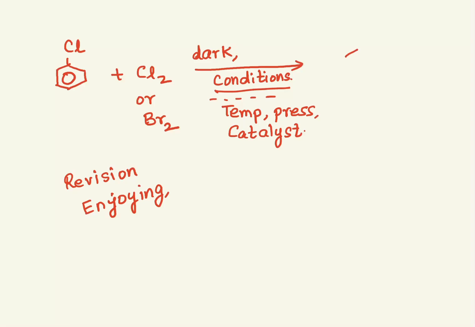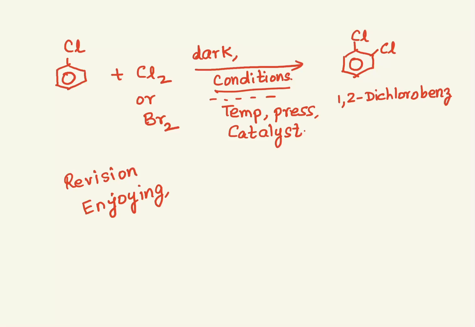So what happens over here? Chlorine, which is already present on the benzene ring, here I will have chlorine at the second position, in which case it becomes 1,2-dichlorobenzene. Yes, I got the spelling right. No, I am correcting it.